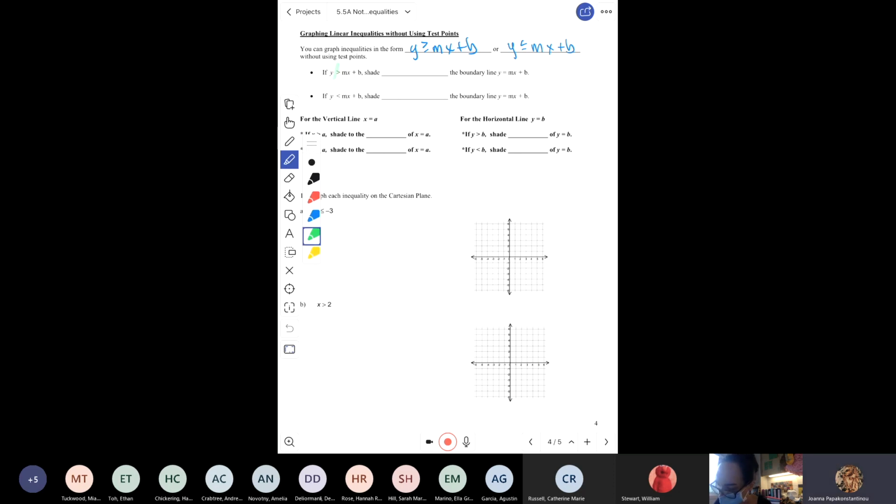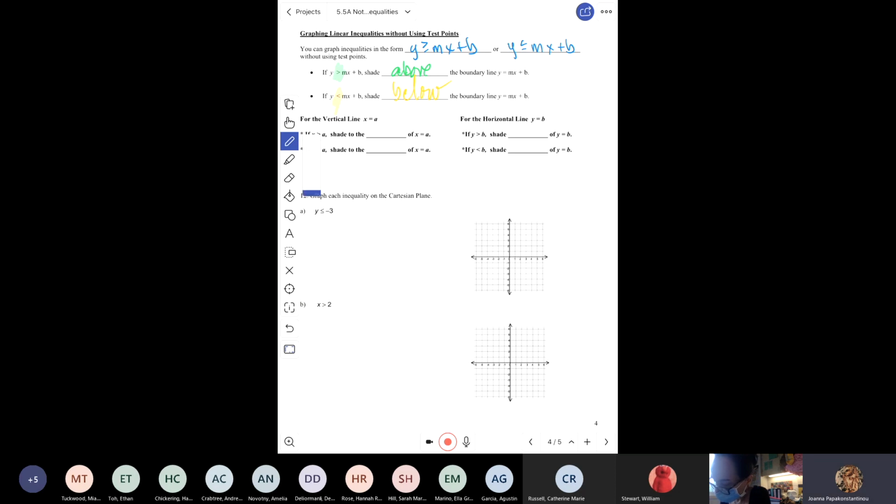If you have greater than, you are going to shade above the boundary line. If you have less than, you are going to shade below the boundary line. Now that's great if I have a line that's not vertical, but if I have a vertical line, or if I have a horizontal line, let's look at that.